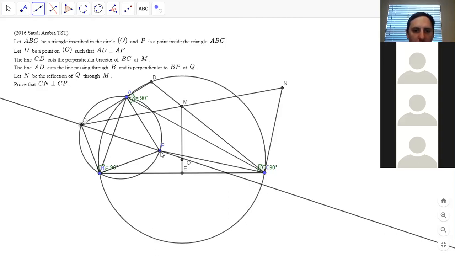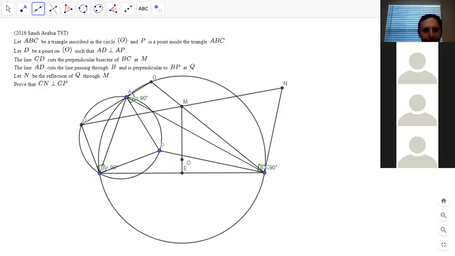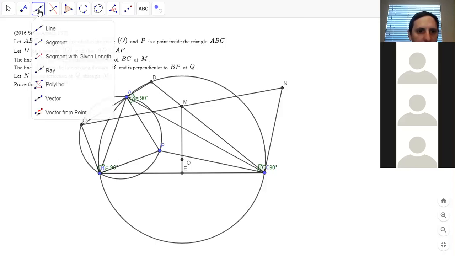Oh, I was going to say QP and O can't be collinear. Is BM parallel to DN?